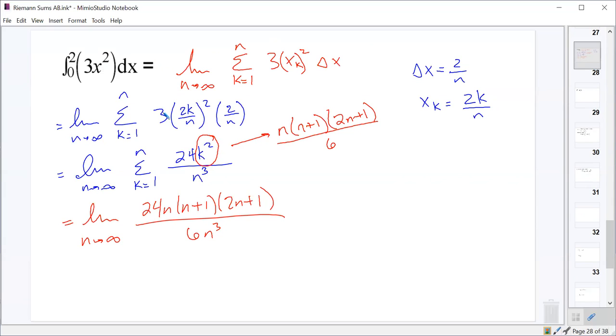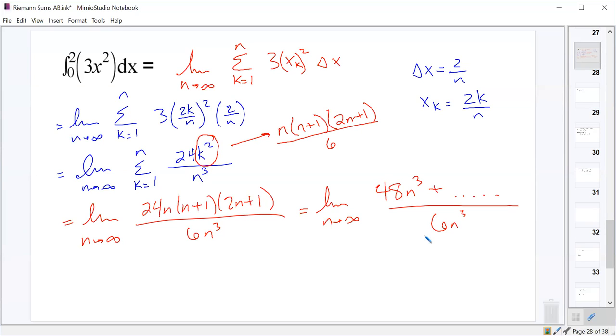Thank you. Yep. And so now we'll note that the degree of the numerator is, we've got n times n times n, so n cubed. Right? And down here we also have n cubed. So if I do 24 times n times 2n, that's going to be 48n cubed plus some other stuff that's less significant than that, over 6n cubed, and it's a rational function.